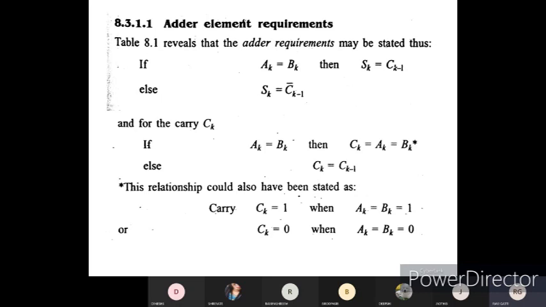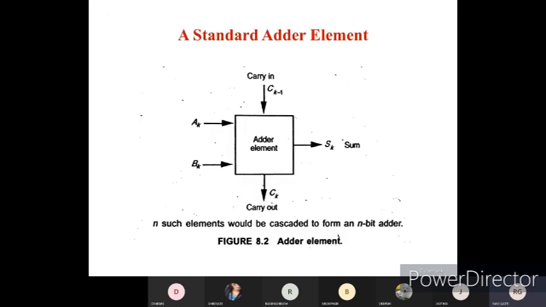And if Ak is not equal to Bk, then Ck will be 1 when Ak is equal to Bk is equal to 1, and Ck will be 0 when Ak is equal to Bk is equal to 0. So these are the relations we have found between the previous carry, the sum, and the present carry output. Okay, so this is one of the simple standard adder elements that we will be having.